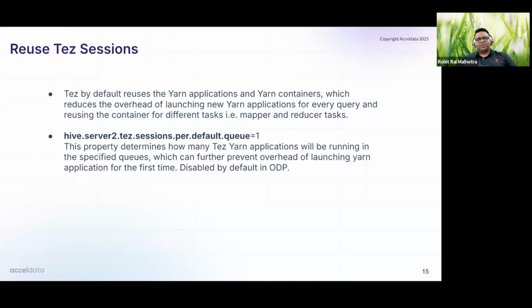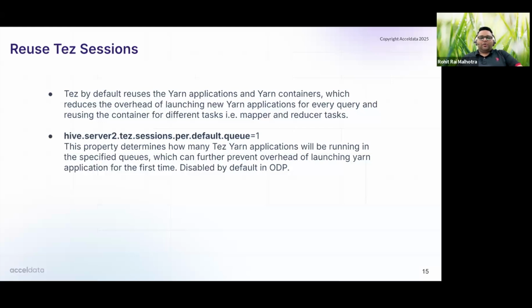But if this Hive server2 tez session per default queue is set to one or more, there would be individual applications already running within that queue, waiting at any point in time to get a query assigned to them, irrespective of whether you have beeline open or not. So you can set this property to run multiple applications within the queue.